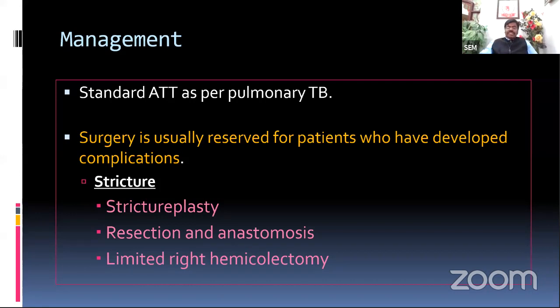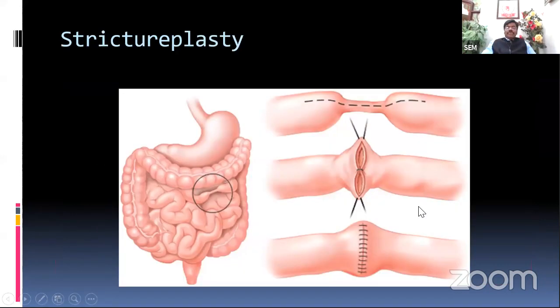If it is just multiple strictures, we do a procedure called strictureplasty. In other words, you incise along the stricture and suture it across the stricture. The 2 words you understand: incise along, stitch across. Then if you just incise along and suture it this way, your circumference will be widened.